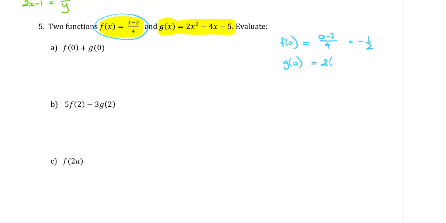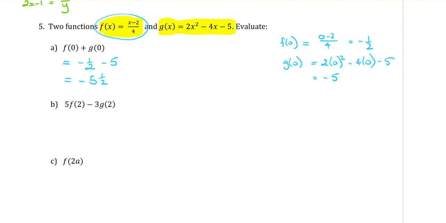So that's 2 lots of 0 squared minus 4 lots of 0 minus 5. That is equal to negative 5. So f of 0 plus g of 0, f of 0 was negative 1/2, g of 0 was minus 5, so minus 1/2 minus 5 is minus 5.5.